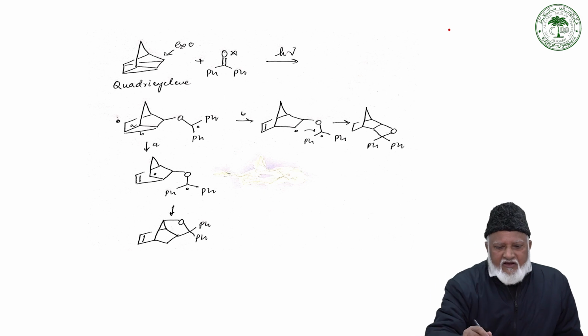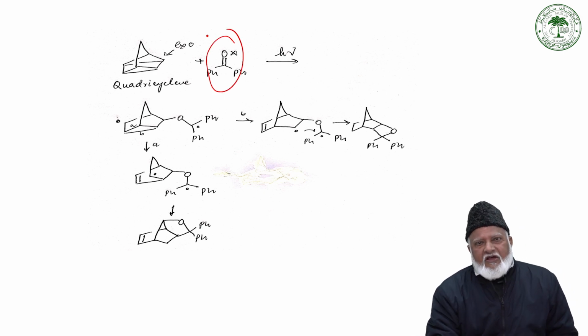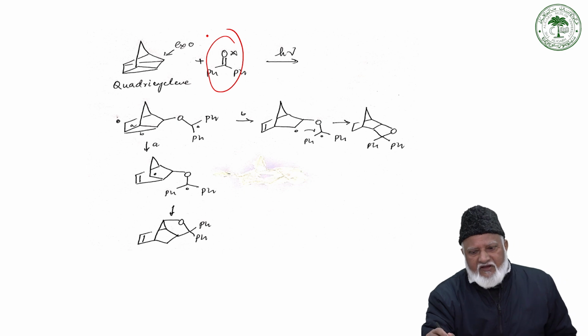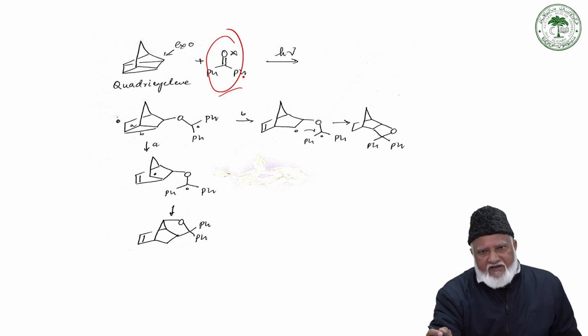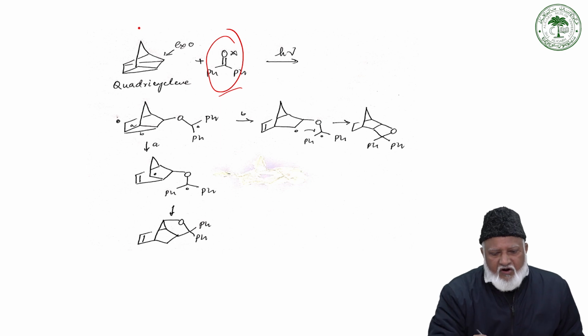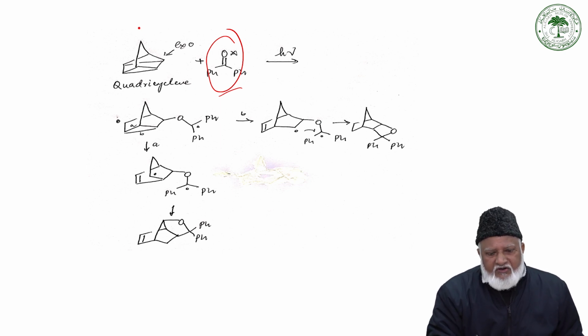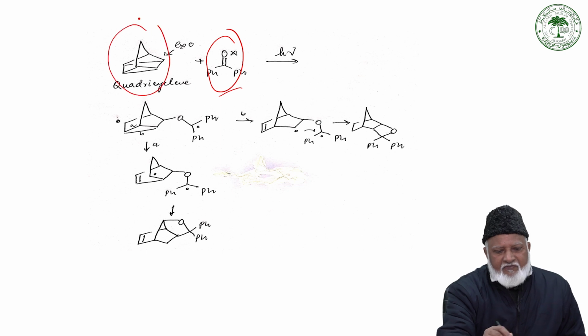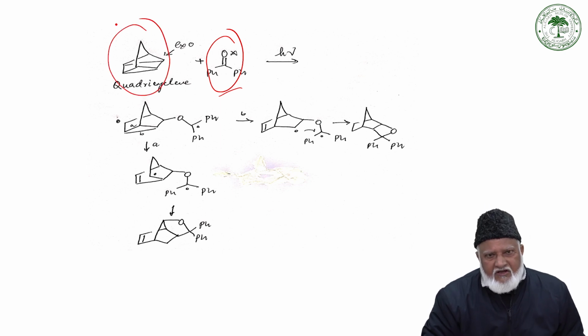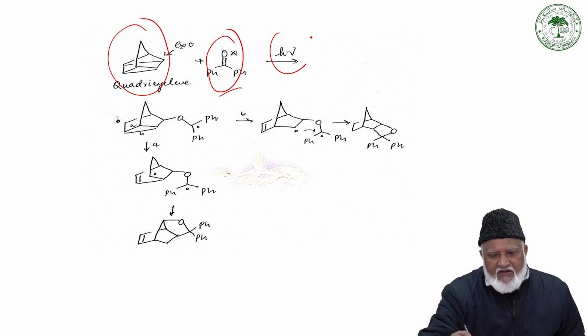The addition of the carbonyl to ring strain systems has also been reported. Of course, what we have seen so far is the addition of carbonyl to alkene, but the reaction of carbonyl with quadricyclane has also been reported, because it's a highly strained system. It opens up very fast under photolytic conditions.